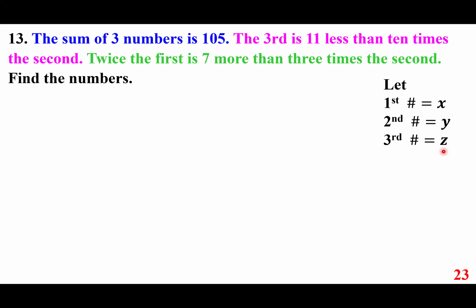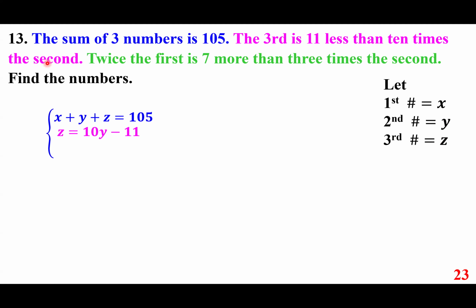Let's make up the equations. First, if the sum is 105, x plus y plus z is 105. That's the first equation. The second one, the third one, z is equal to 11 less than 10 times the second, 10y minus 11. That's the second equation.